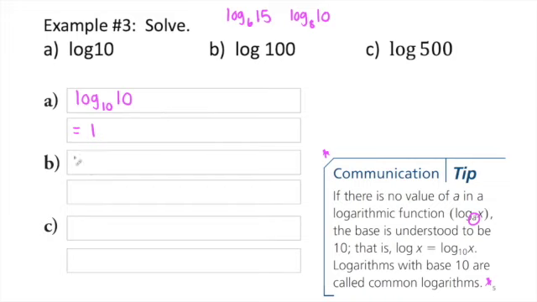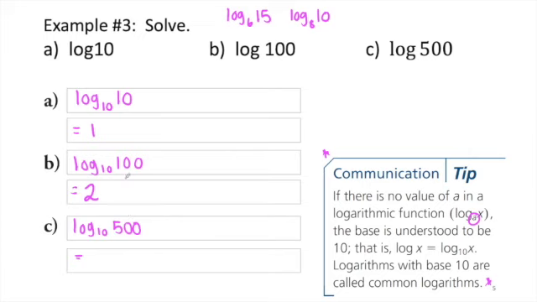For b, it's the same thing. Log of 100, you should get an answer of 2, because it's figuring out what exponent of 10 equals 100. Well, 10 to the exponent 2 is 100. This next one, log of 500, if you plug that into your calculator, you'll get a number between 2 and 3, because 10 to the exponent 3 would be 1,000.